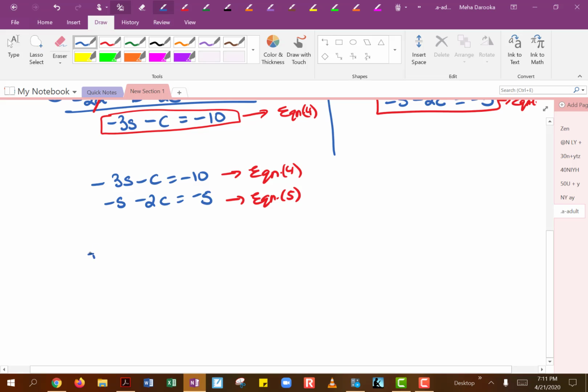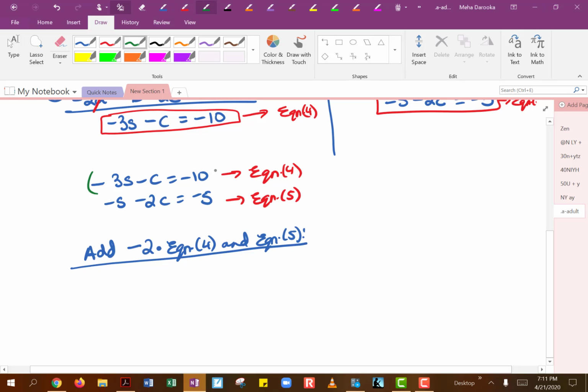Since I have negative 2c for equation 5, let's make that positive 2c for equation 4. So how about we multiply our equation 4 by negative 2, and we'll keep equation 5 as it is.